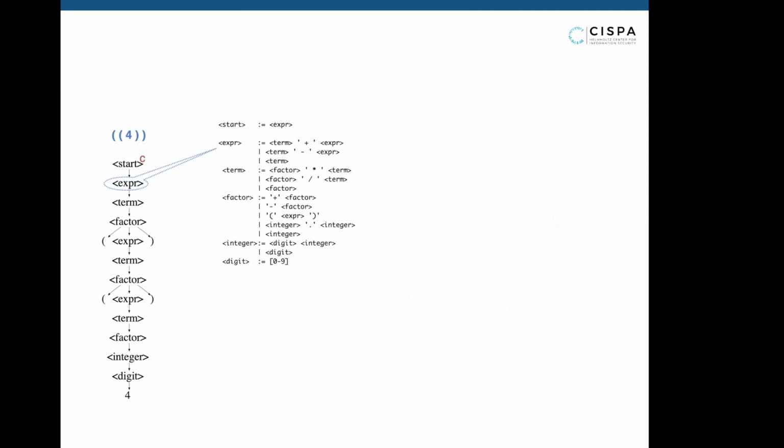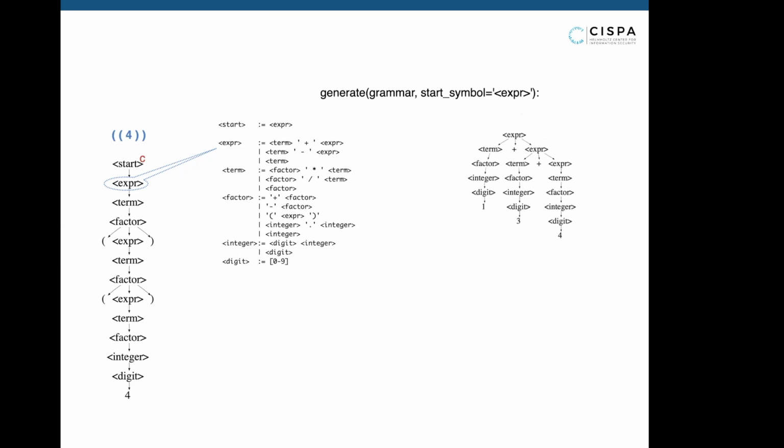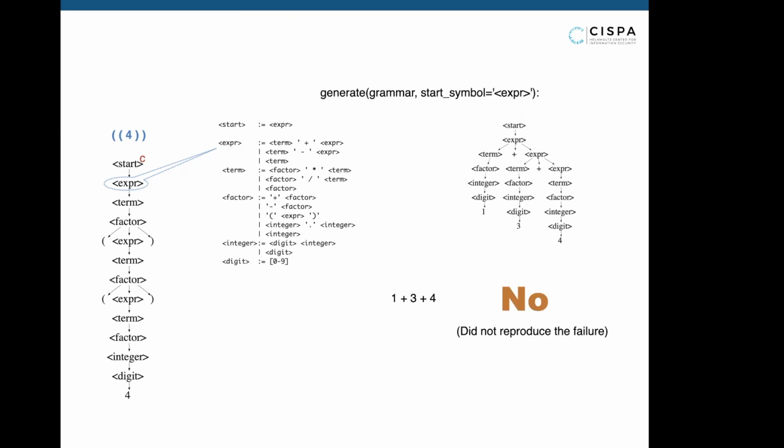We come to expr and we follow the same procedure of random generation of valid nodes. Here we produced 1 times 3 plus 1 plus 3 plus 4, and that needs to be attached to the start. And the tree generated does not reproduce the failure. So expr is again concrete.